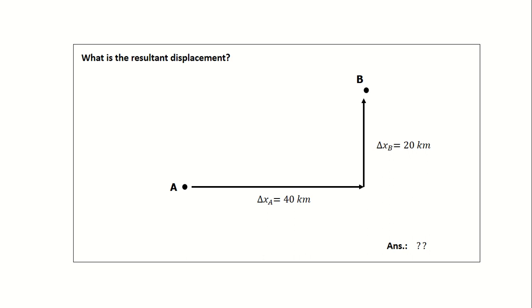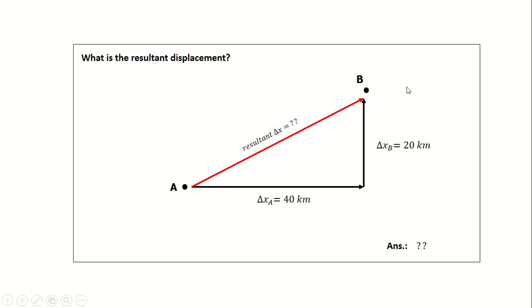Okay, so let's say you want to go to point B here and you are starting at point A. What you can do is walk 40 kilometers to the east and then 20 kilometers to the north. But another option is for you to go directly from point A to point B by walking along this path.